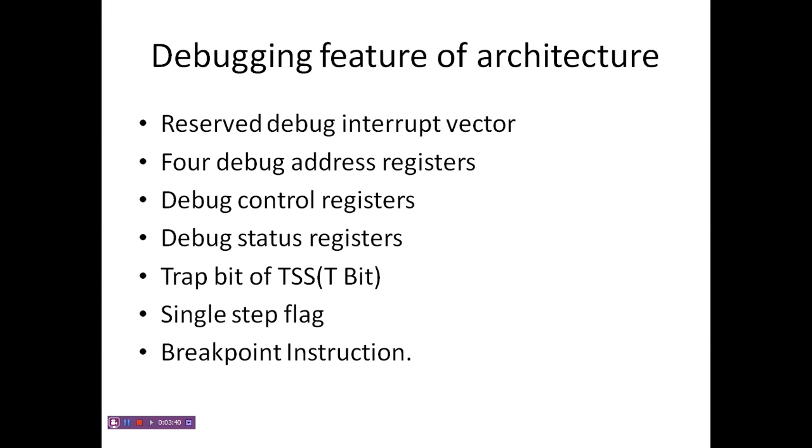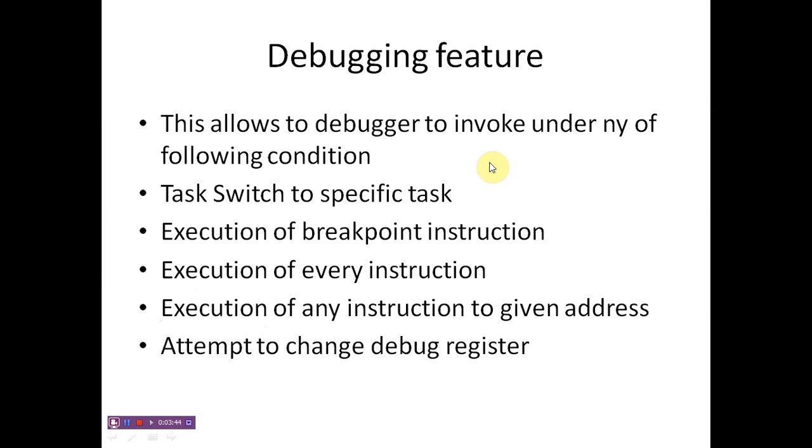Next is the debugging feature. These features make it possible to invoke a debugger that is either a separate task or a procedure in the context of the current task.